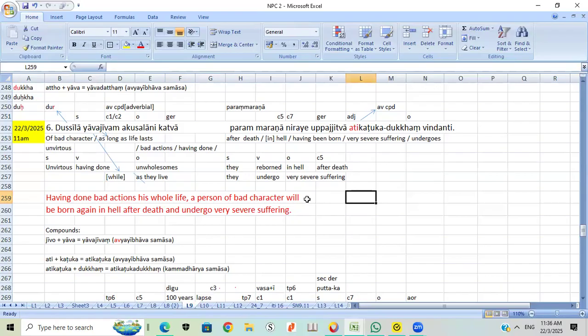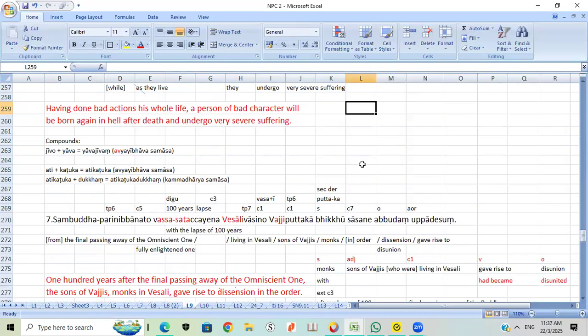So there will be reborn. So that is future karma vipaka. As long as you can see that you need to put future tense, you put future tense. You need to put past tense, you put past tense. If you think you need to put present continuous, you also put present continuous. Nobody can stop you from doing that. All right, any question on that?